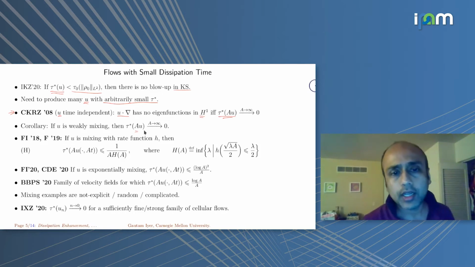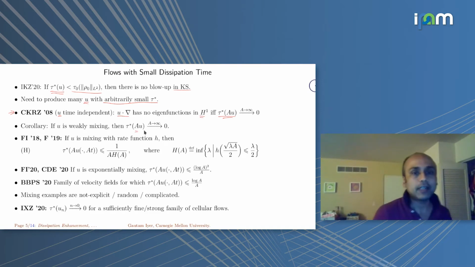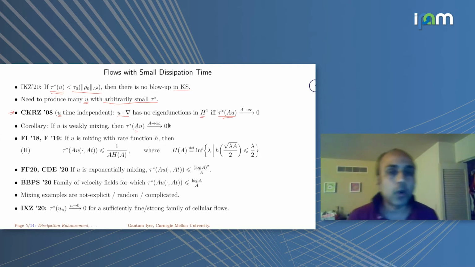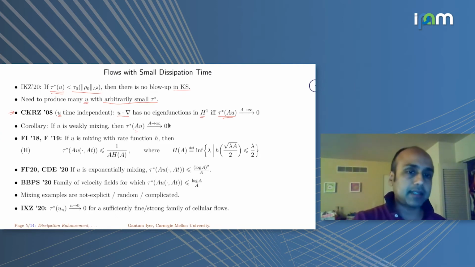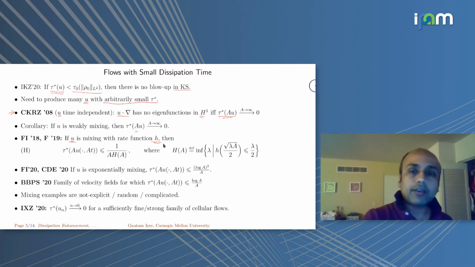We decided to revisit this with my former student Yuanyuan Feng. If you want to get a rate, you can do it, but it depends on the mixing rate of u. Let me not go into what that is, but let me at least state the result. If u is mixing at a particular rate, then I can write down an explicit bound for the dissipation time when you take the velocity field u and rescale it.